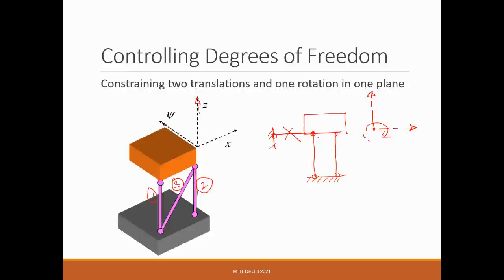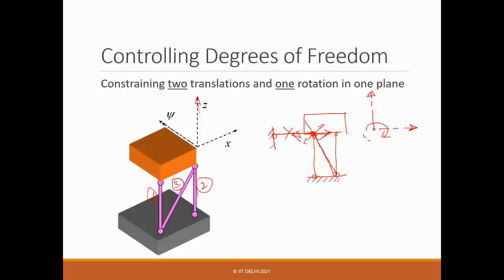Suppose you want to make a very compact design, what you can do is simply connect diagonally. Once we connect them diagonally, what happens if you want to move in this direction? The deformation can go along this direction, but if you want to have deformation in this direction, you realize that it will try to compress or elongate, depending on what you are doing.